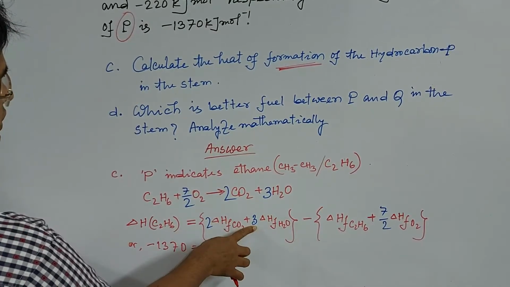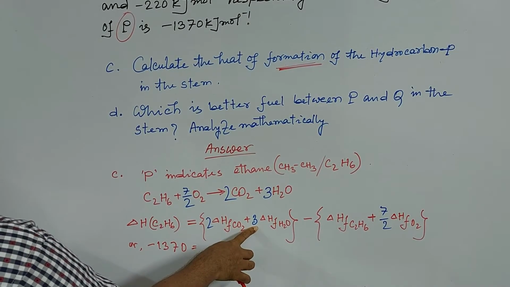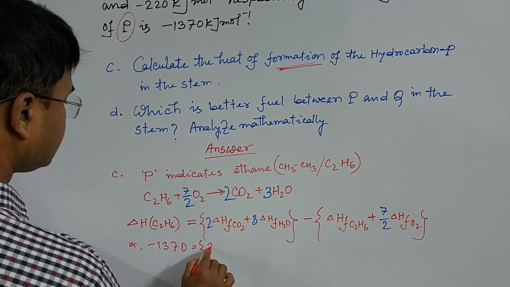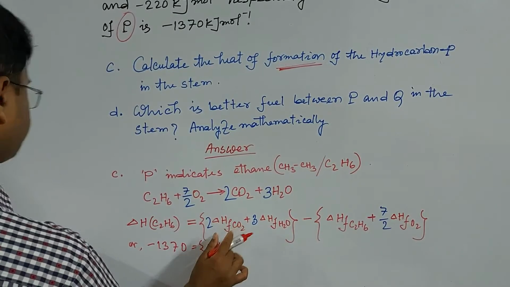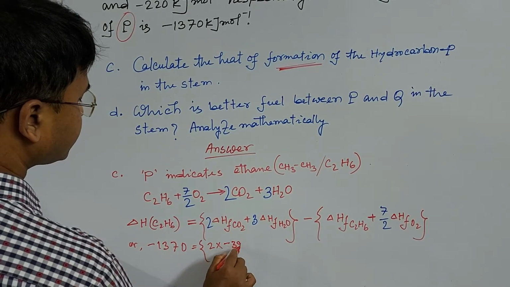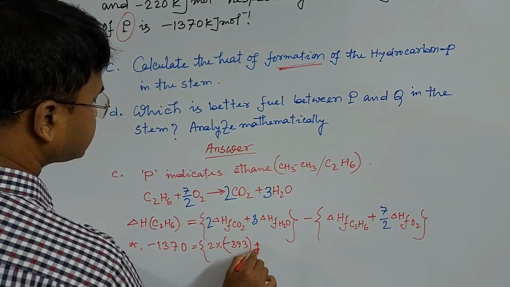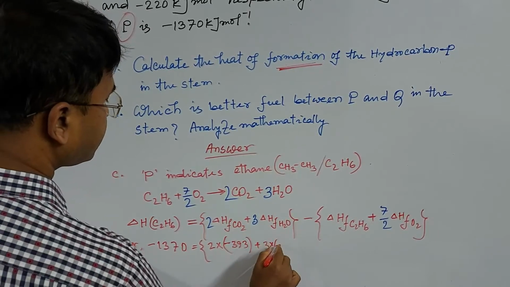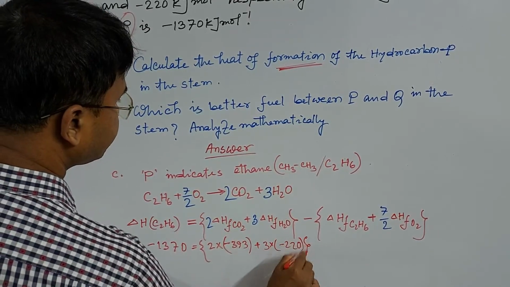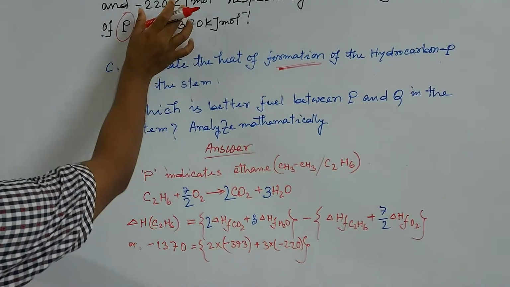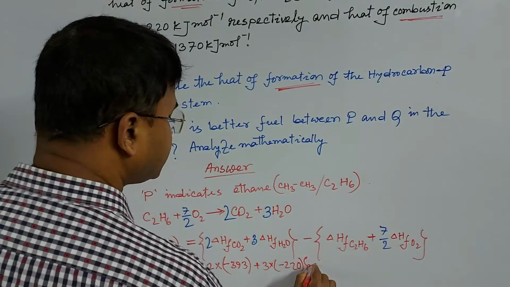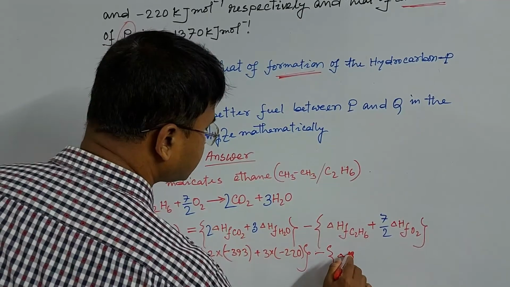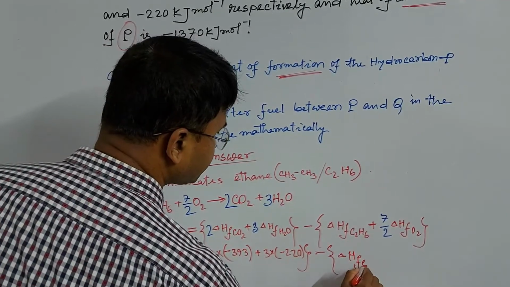Putting in the values: 2 times minus 393, plus 3 times minus 220 kilojoule, which is given in the stem, minus delta HF. Actually, I have to calculate the heat of formation of C2H6.